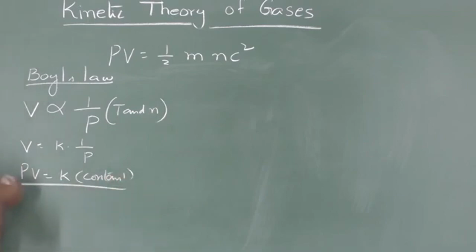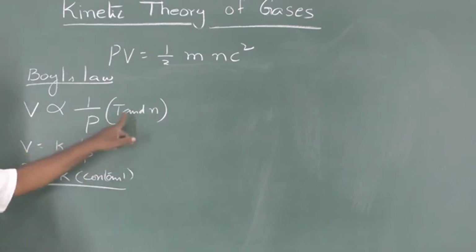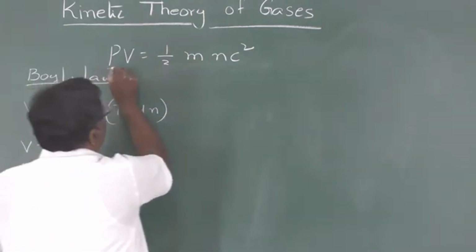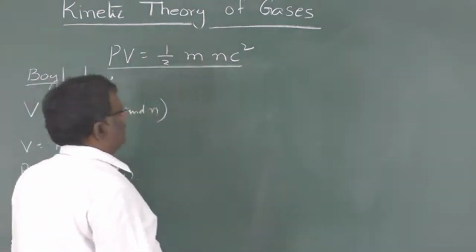This is Boyle's law. So we have to prove PV is constant for a given mass of gas at constant temperature. That is the task that we have to prove with the help of this kinetic gas equation.